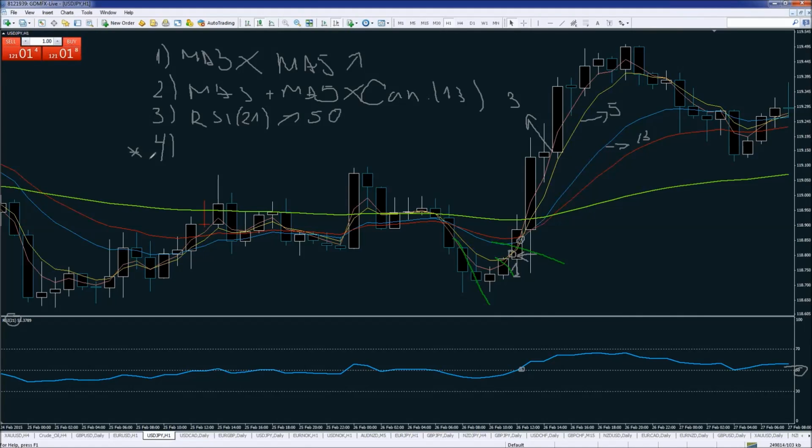And as we already know that we're talking about trends in this case, we need to have the price above moving average 80. The price should be always above moving average 80.